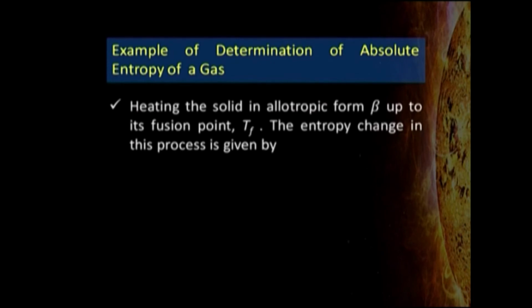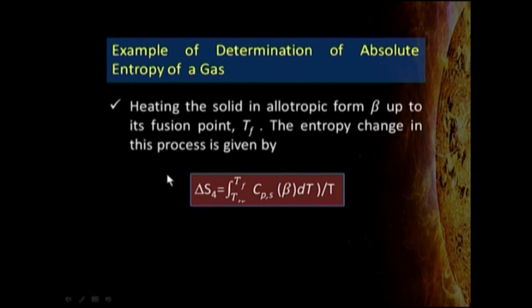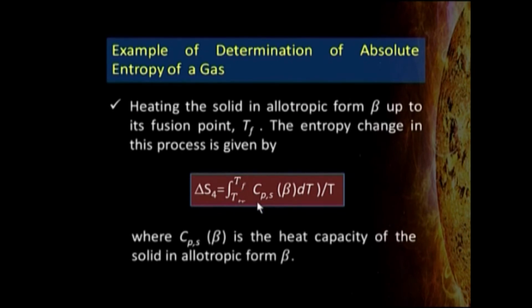The entropy change in this process is given by delta S4, and delta S4 will be equal to integral of Cps beta divided by T dT within the limits T Tr and Tf. Here Cps beta is the heat capacity of the solid in allotropic form beta.